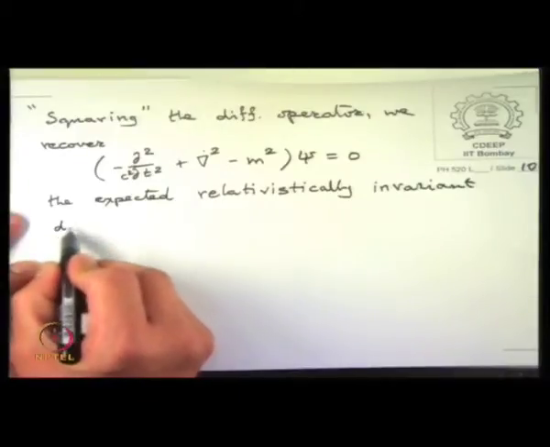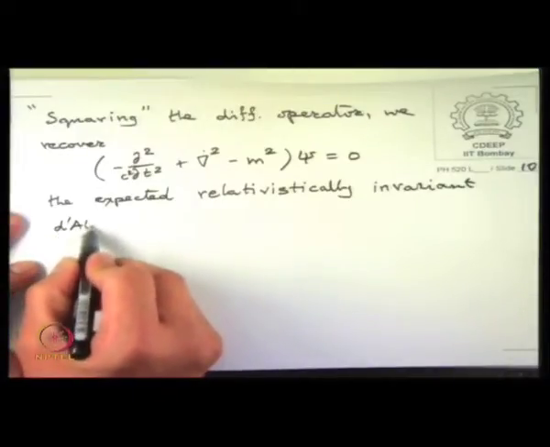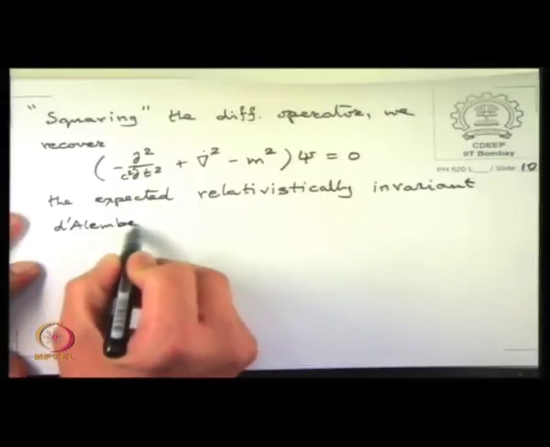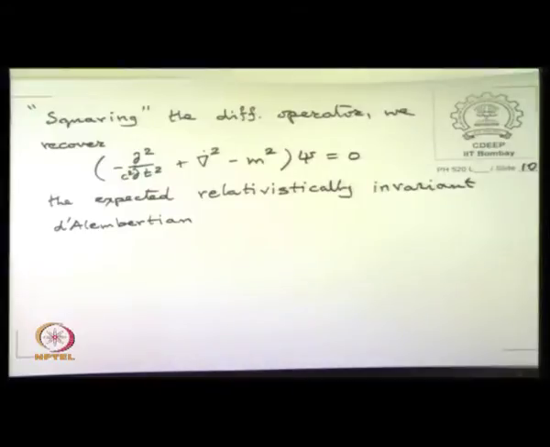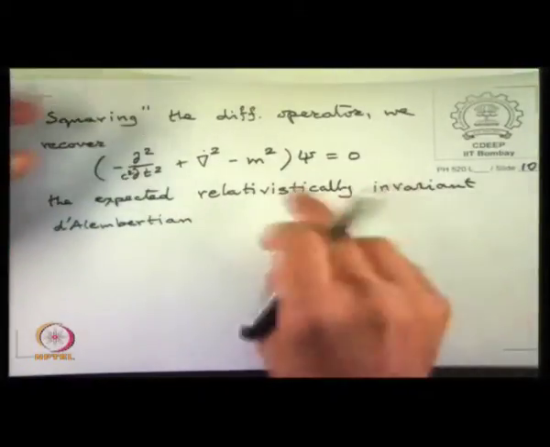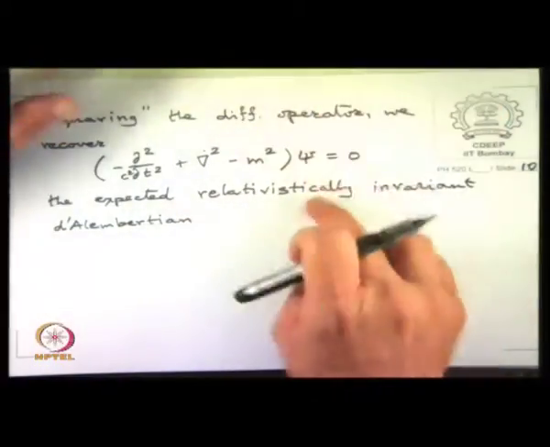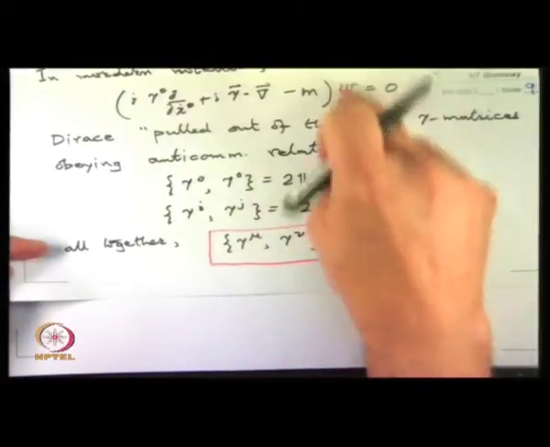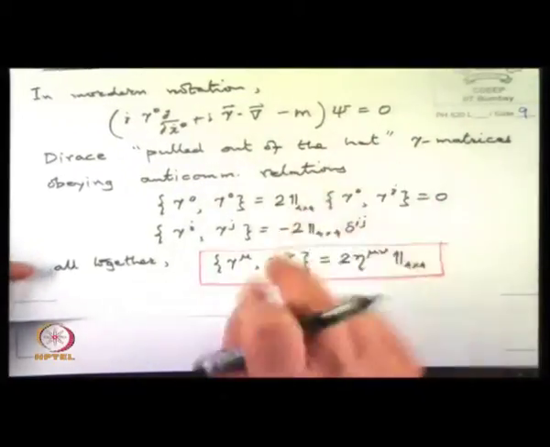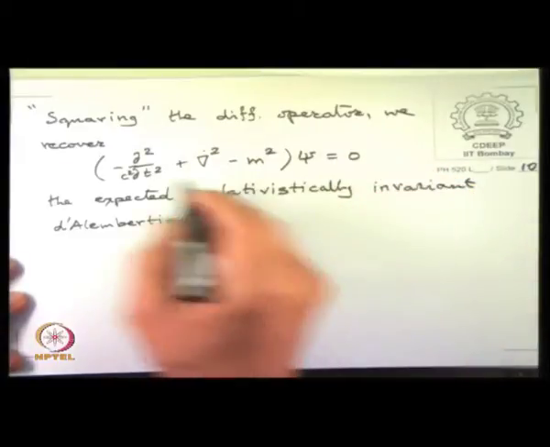D'Alembertian, times the m square term plus the m square term. So now what this says is that if these matrices were 4 by 4, then this is a 4 component object. The psi is itself a 4 component object. Here it says that this is times an identity matrix. So each component psi obeys this wave equation.